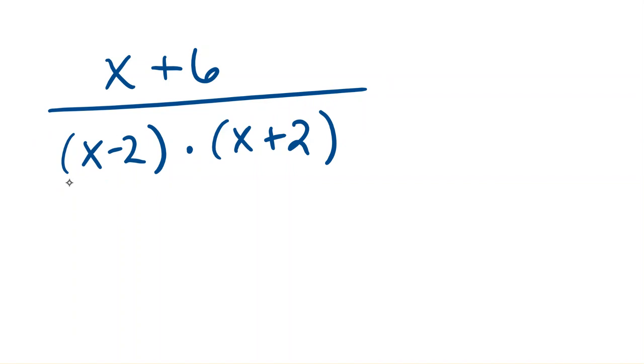In order to get x minus 2 times x plus 2 in the denominator, one of the fractions had to have an x minus 2 that you would then add to the other fraction, which would have to have an x plus 2.